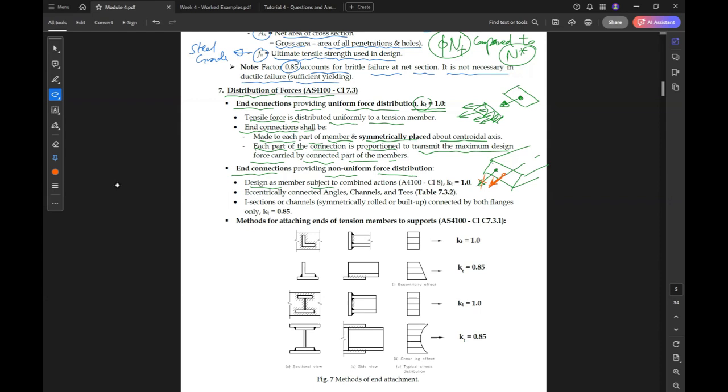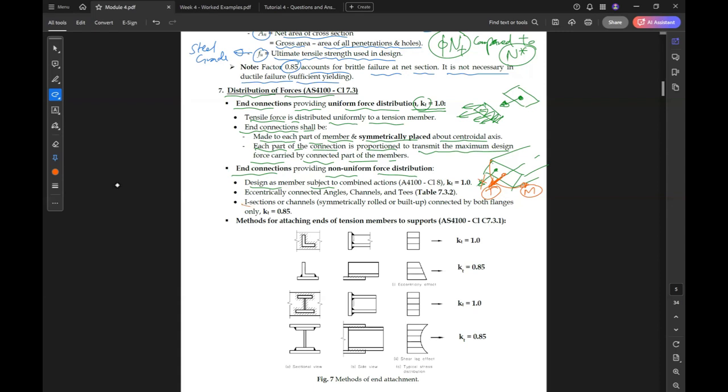To transfer the force, you need to apply a moment. So instead of an eccentric force, we will have a force and a moment. This is not our case, but just in case you have this case, you need to design for two straining actions, which are the tension force and the moment, not only the tension force.